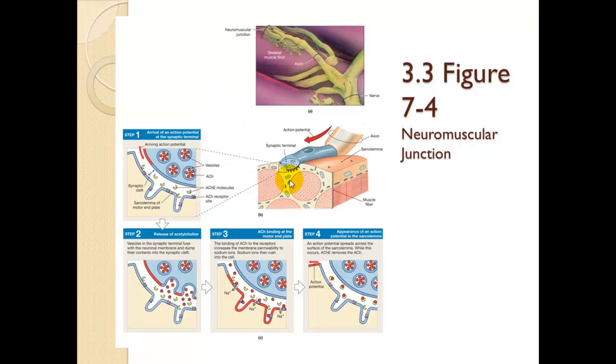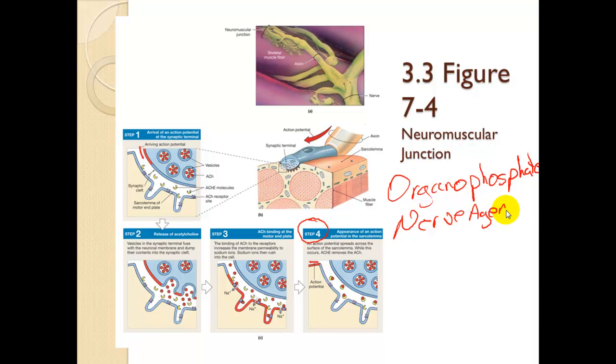Now, let me erase some of this and we can kind of talk through it here. Okay, so step 4 is what I'd like to talk about for a second, because what we can see is in organophosphate poisoning, and then nerve agent poisoning, both of these essentially attack those Pac-Man, or those things that are called acetylcholinesterase.